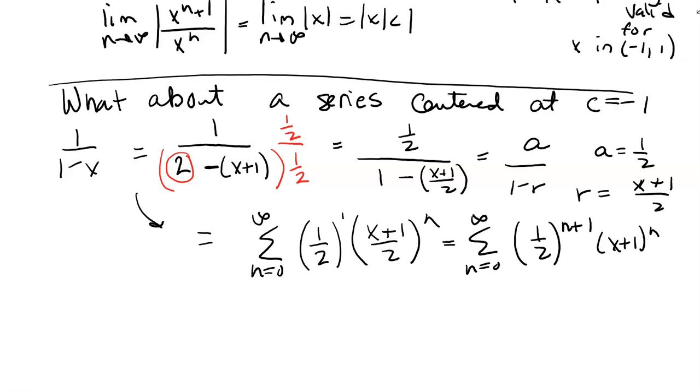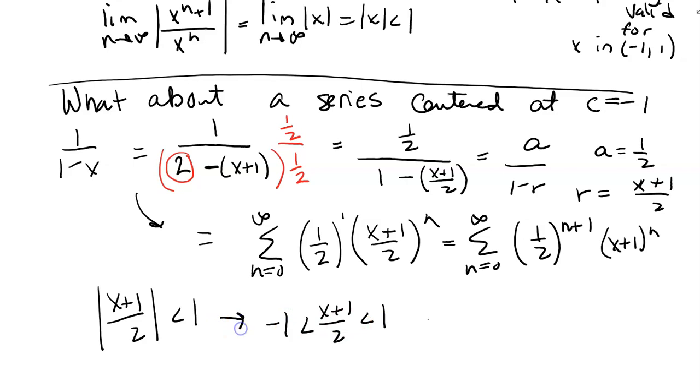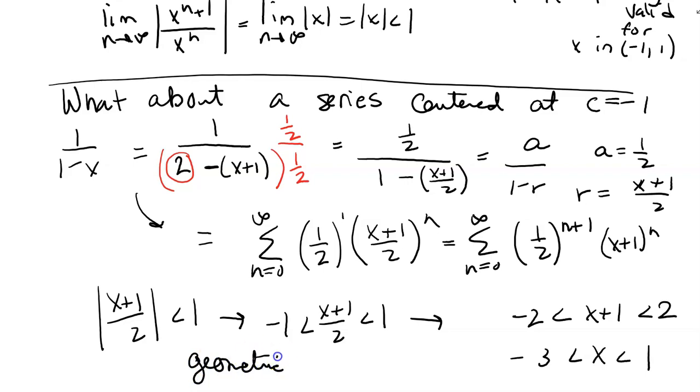Now, of course, you do need to figure out where this is valid. In this case, I would have the r, which was the x plus 1 over 2, going back to the original r. Since it's geometric, I would need the absolute value of that to be less than 1. So x plus 1 over 2 would be between -1 and 1, which means that x plus 1 would be between negative 2 and 2, or x between negative 3 and 1.